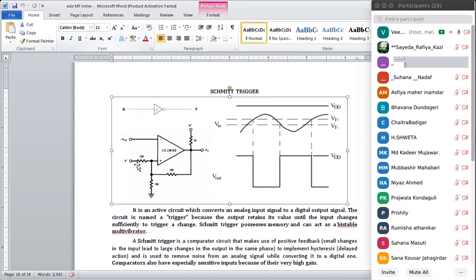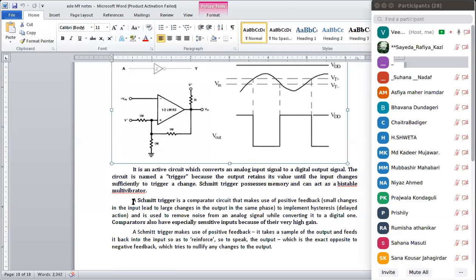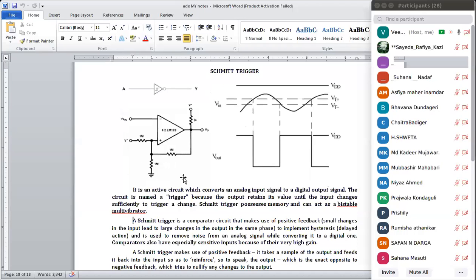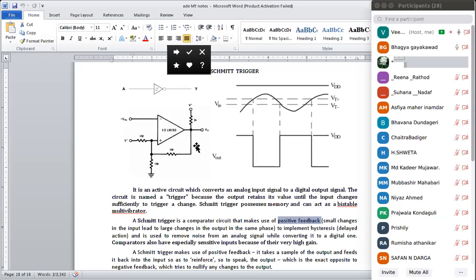One more thing is that the gain of this amplifier is going to be very high. Because this is also a comparator, a positive feedback has been taken. If you take a positive feedback, what will happen? A very small change in the input is going to lead to a large change at the output side.